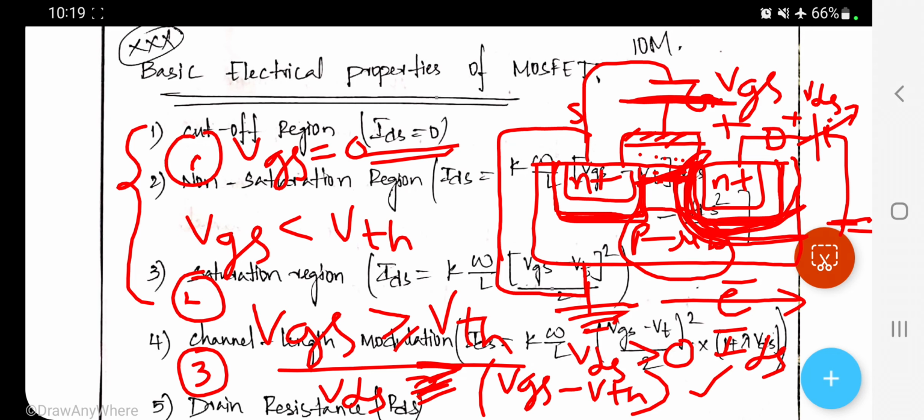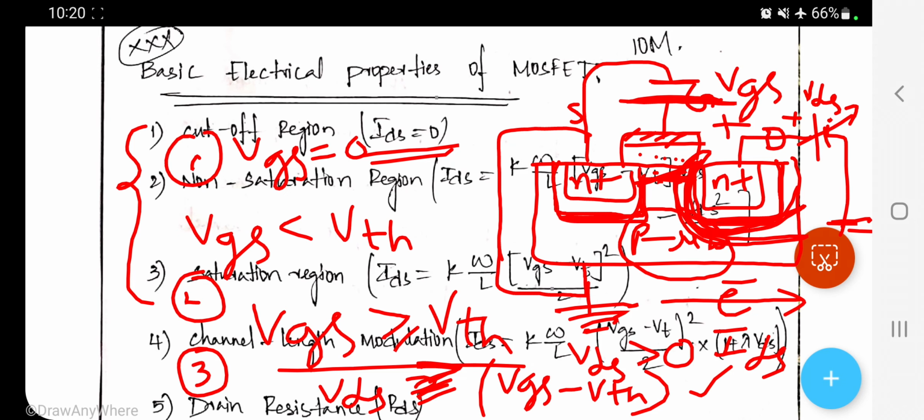The bike has already crossed, but we are unable to see it because it is so fast. We see it, but we are unable to observe it. So fast it is. Similarly, the electron crosses the depletion region and enters into the drain.